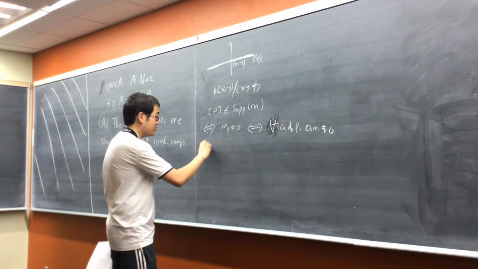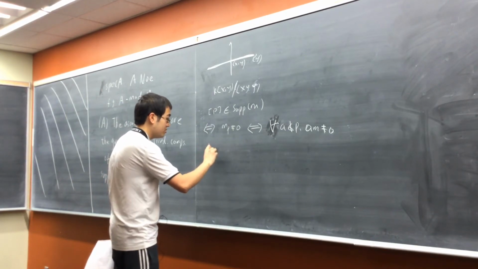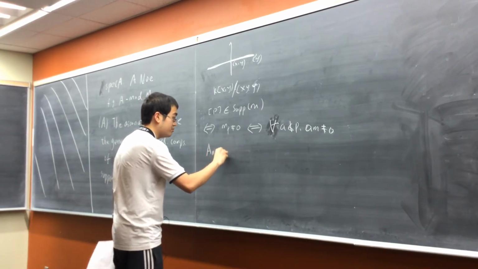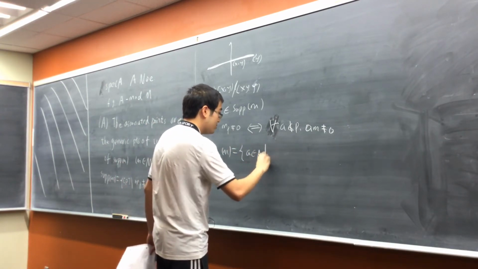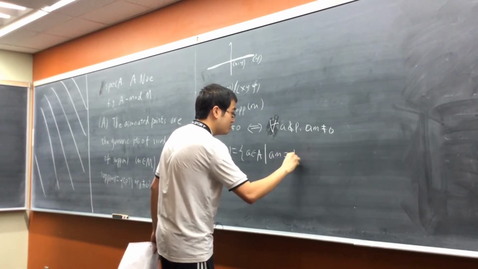Recall the notation of annihilators: the annihilator of m is all the elements a in A such that am equals 0.